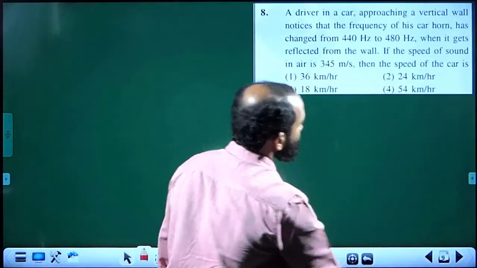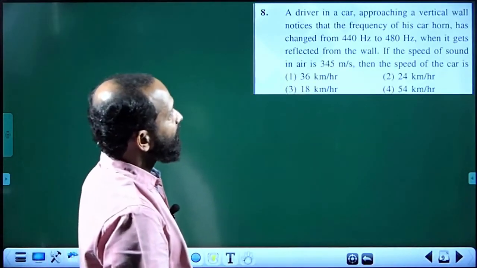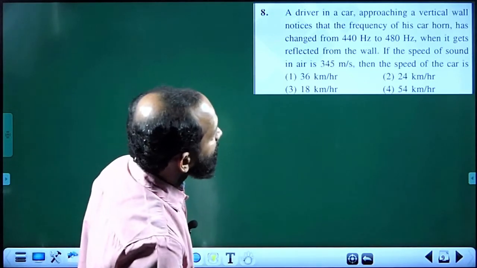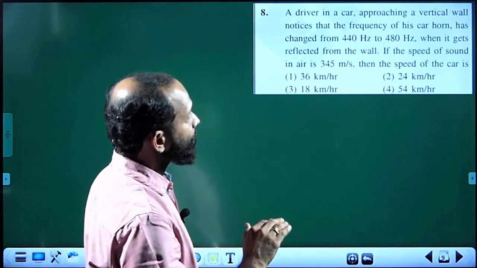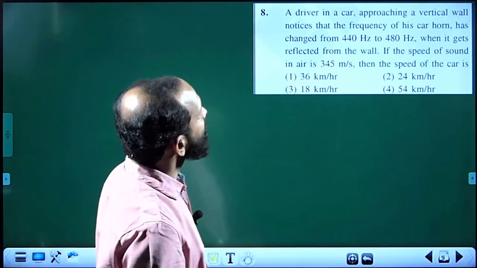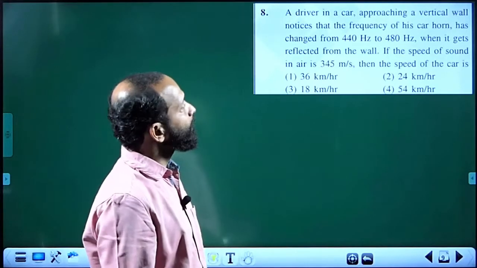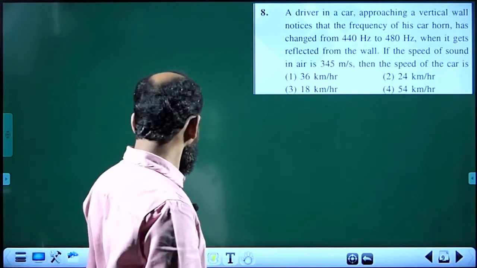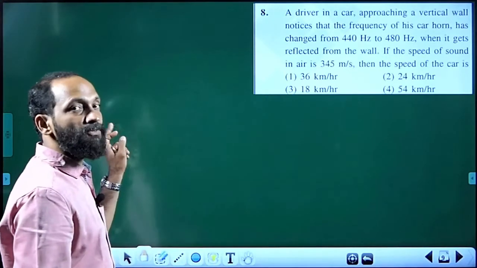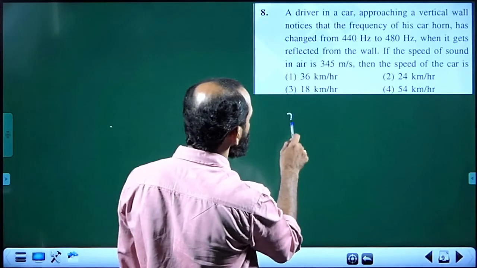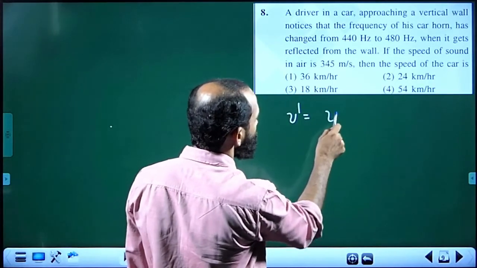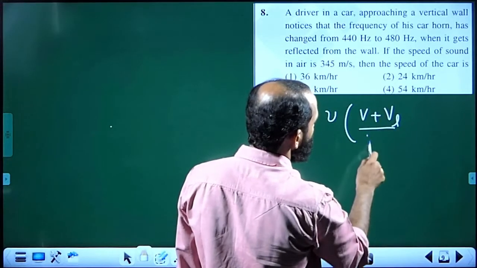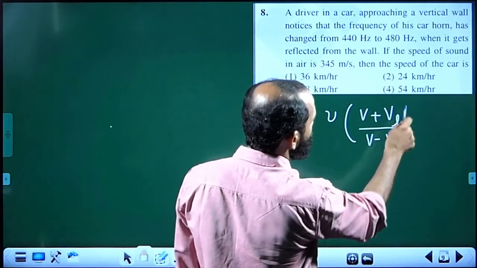Next one. A driver in a car approaching a vertical wall notices that the frequency of his car horn has changed from 440 to 480 hertz when it gets reflected from the wall. The speed of sound in air is 345 meter per second. What is the speed of the car? Doppler effect in reflected sound. The formula to be used is nu dash is equal to nu into (V plus VL) divided by (V minus Vs).